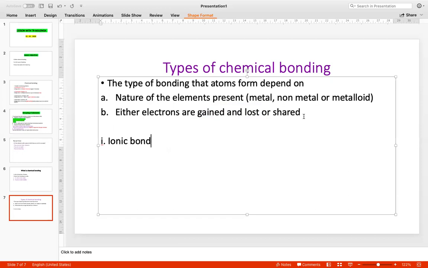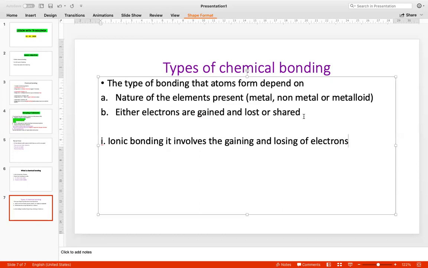Now, when you hear the words ionic bonding, ionic equations, this involves the gaining and losing of electrons.